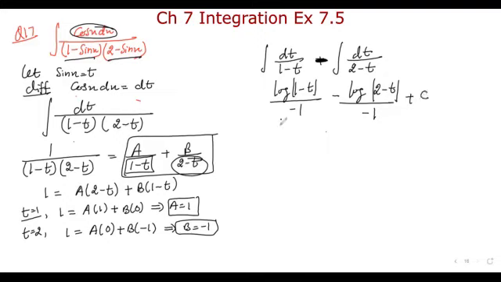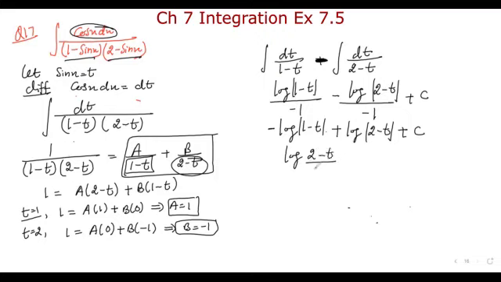So this value will be log of 1 minus t, minus, plus log of 2 minus t plus c. Log a minus log b is log a upon b plus c. T we can replace with sin x. So 2 minus sin x upon 1 minus sin x plus c.